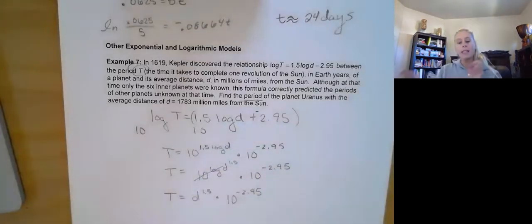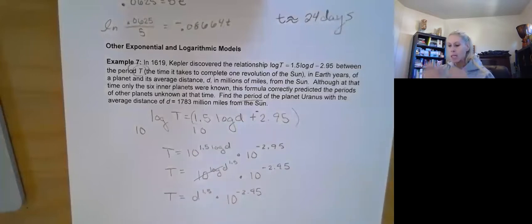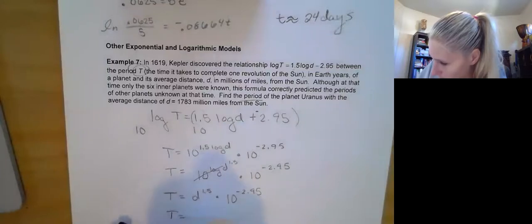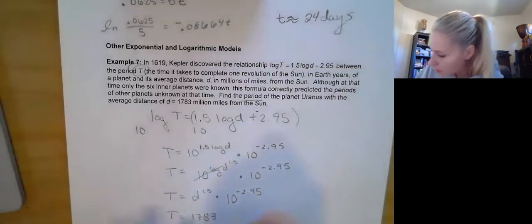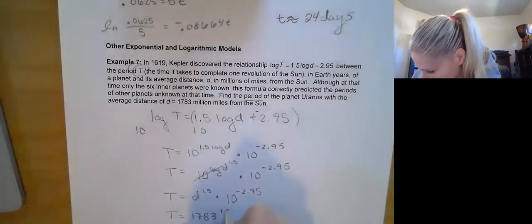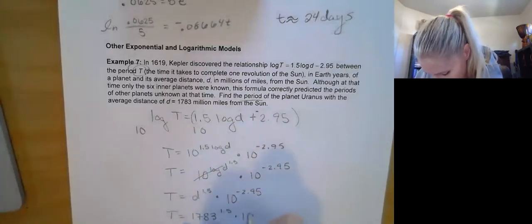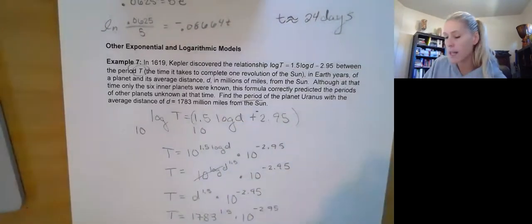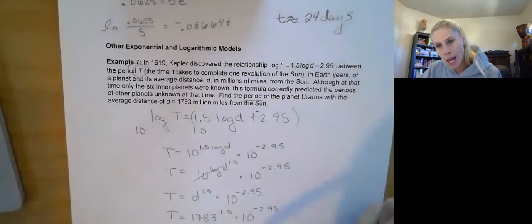And now I have t isolated, where all I have to do is plug in d to my formula. So I have t equals 1783 to the 1.5 times 10 to the negative 2.95. Now what's great is at no time did I estimate in the middle of a problem.